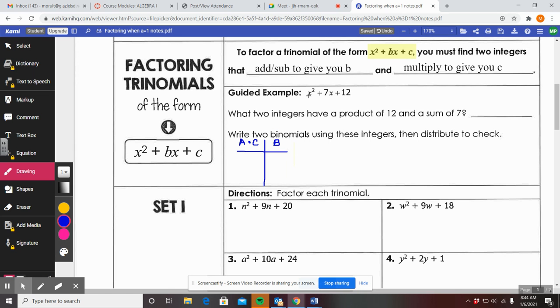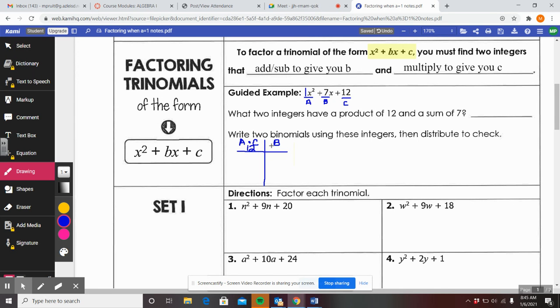So, for instance, when you get a problem like this, you're going to tell me what is your A value, what is your B value, and what is your C value. And then on the left side of your T-chart, that's what's going to be A times C. So this is 1 times 12, which just gives me what? 12.